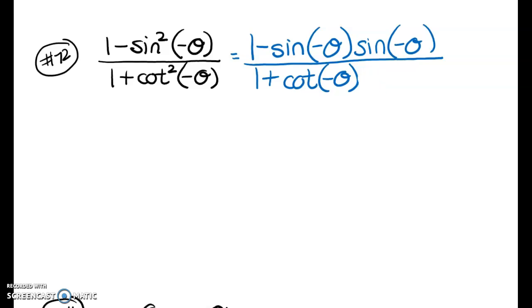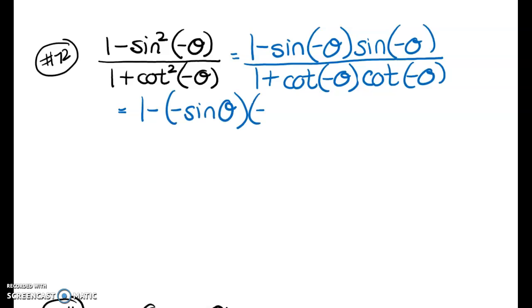So this is where I usually get rid of my negative angles. So I know that my negative angle equals negative sine of positive angle. So I'm going to replace both of these with what it equals. So that's one of my negative angle theorems or properties.